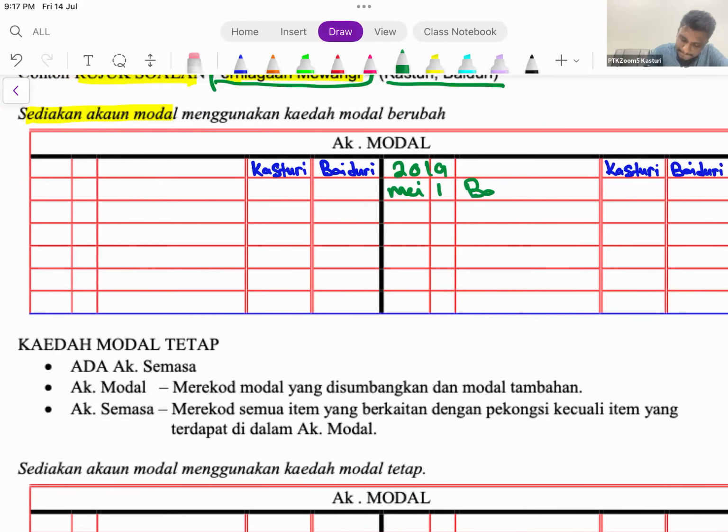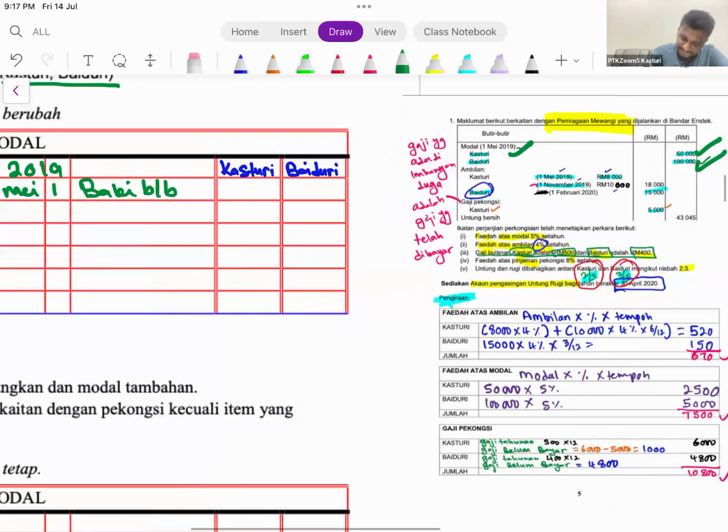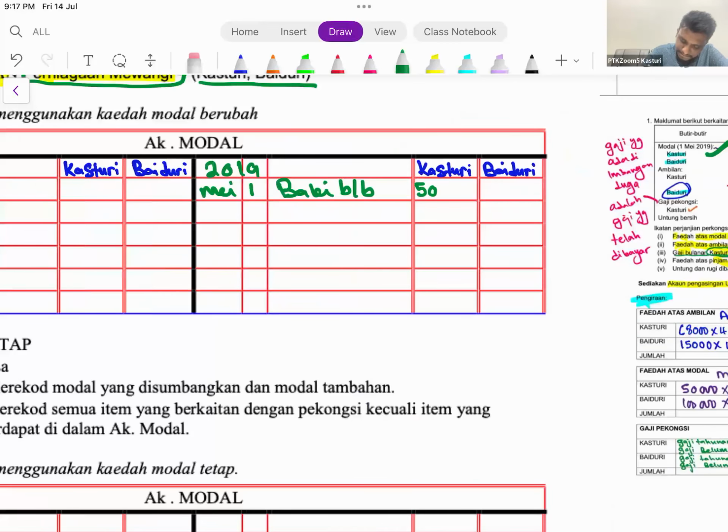Baki BB Kasturi is 50,000. Baiduri is 100,000. Kan?